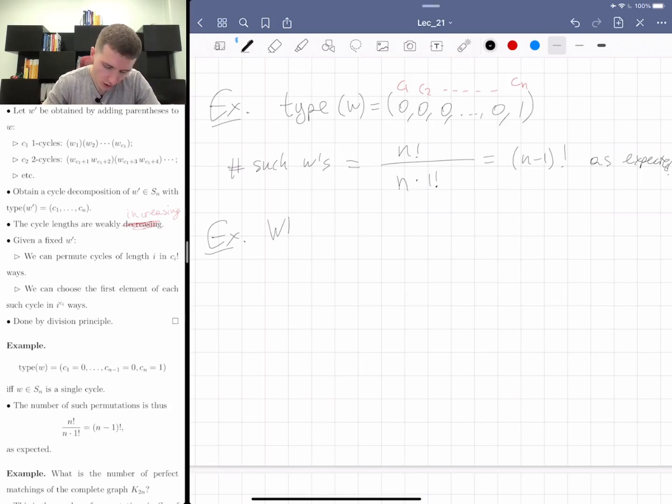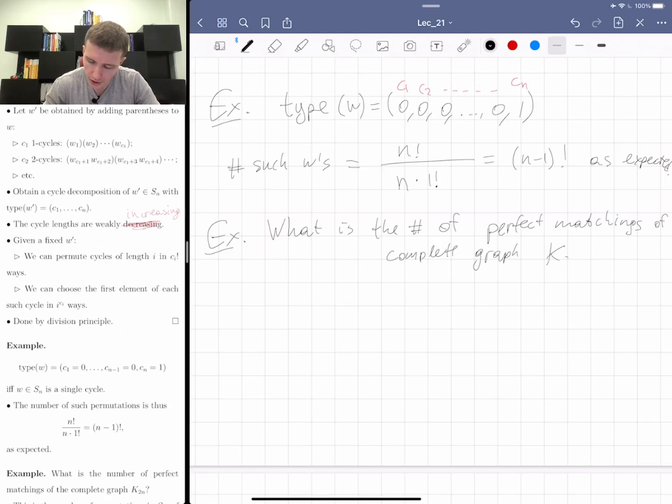So the question is, what is the number of perfect matchings of the complete graph K_2n? If you know what it is, then great. If you don't remember, then let me show you.